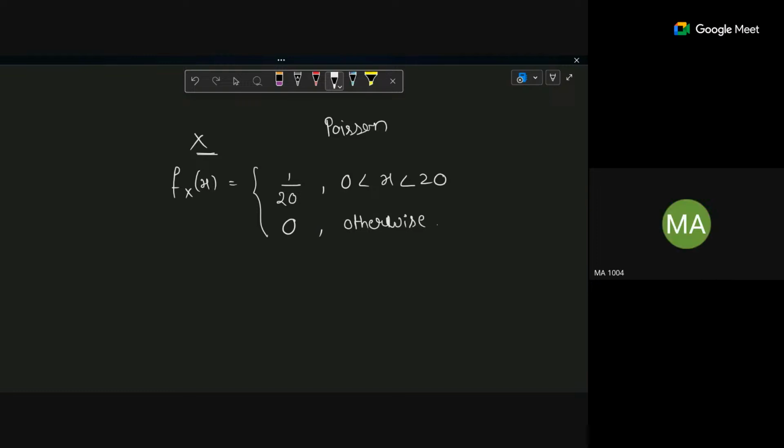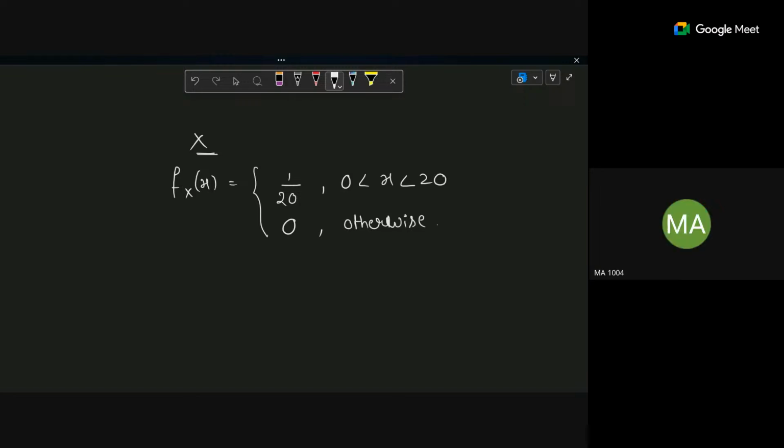Why are you saying uniform, and why exponential or Poisson? It is uniform, ma'am, because the PDF is given like 1 upon (b minus a), which is 1 upon (20 minus 0), so 1 upon 20.